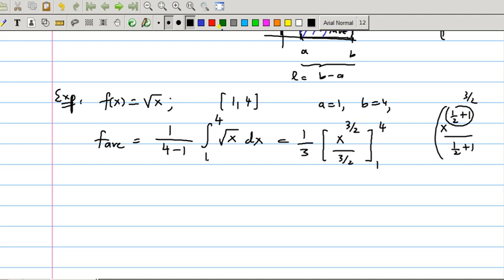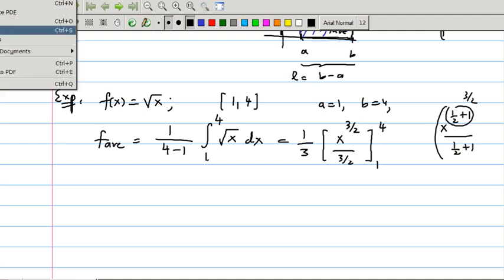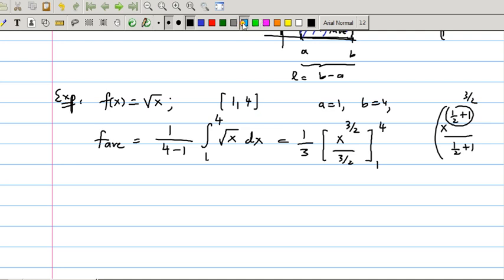Now we put the upper limit minus the lower limit, right? I put the upper limit here and then the lower limit. 1 by 3 is outside, and this is 3 by 2, but if I bring it out, it becomes 2 by 3, right?